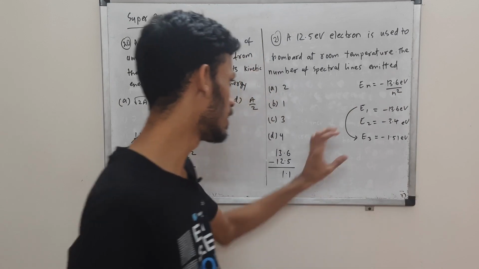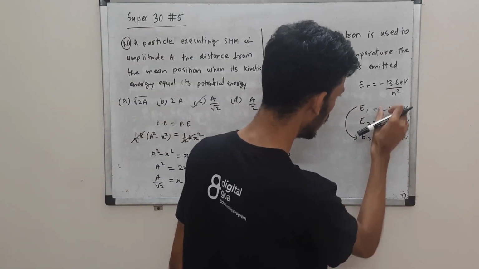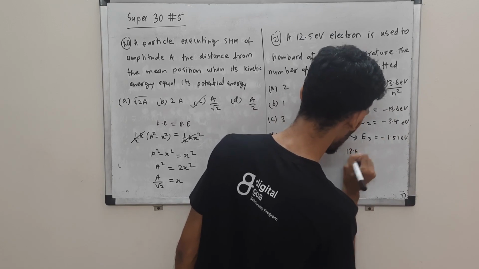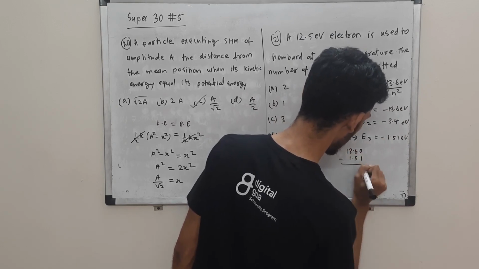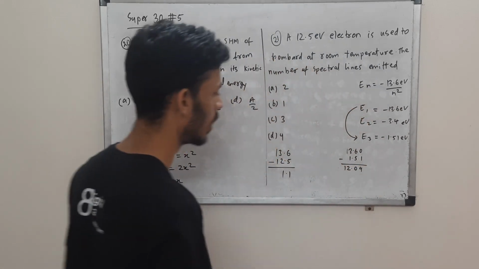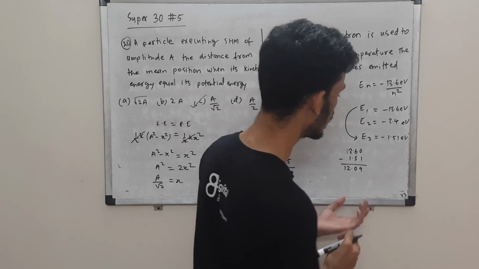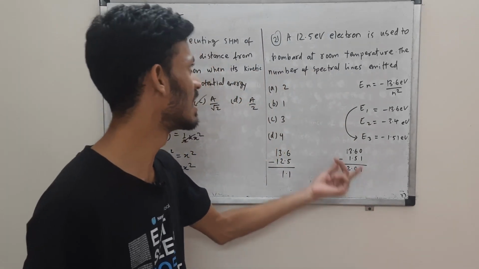So let us see the difference between E3 and E1. 13.6 minus 1.51 is 12.09, of course with the negative sign, but you can see that this difference is less than 12.5.